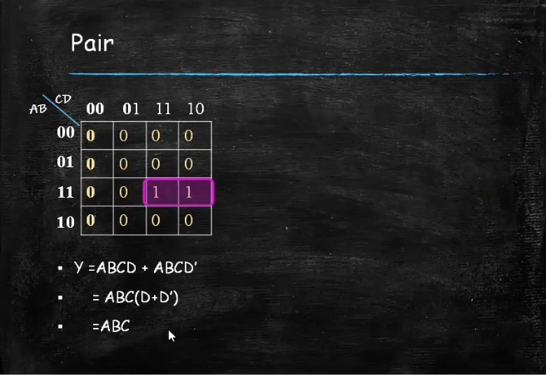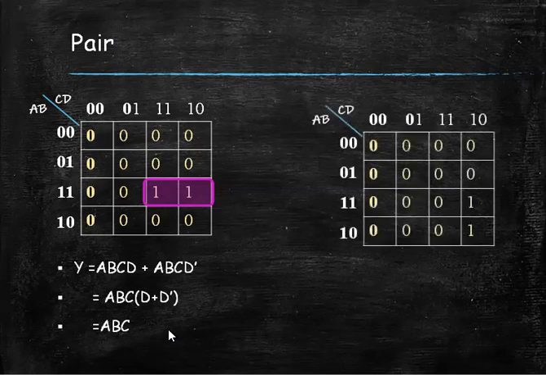Another example. Here it is a 4 variable map and 2 ones are adjacent, but vertically.